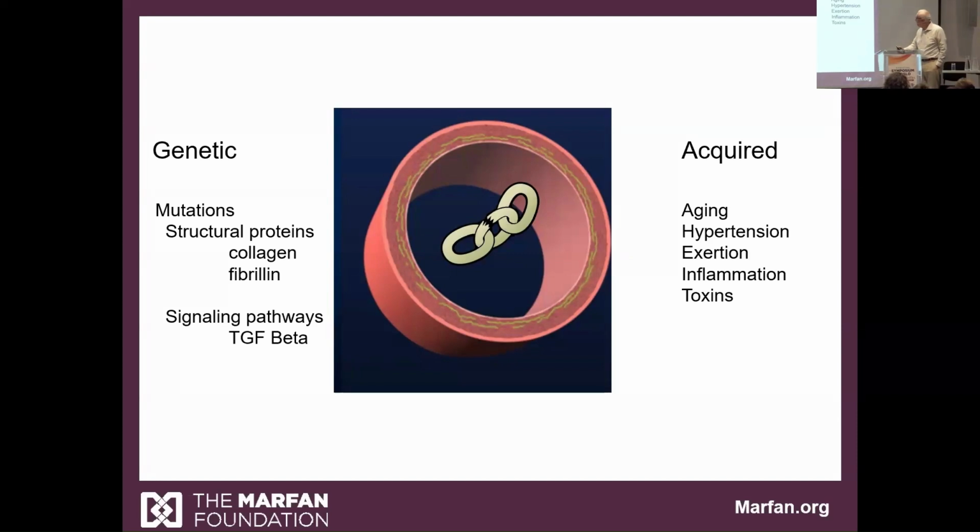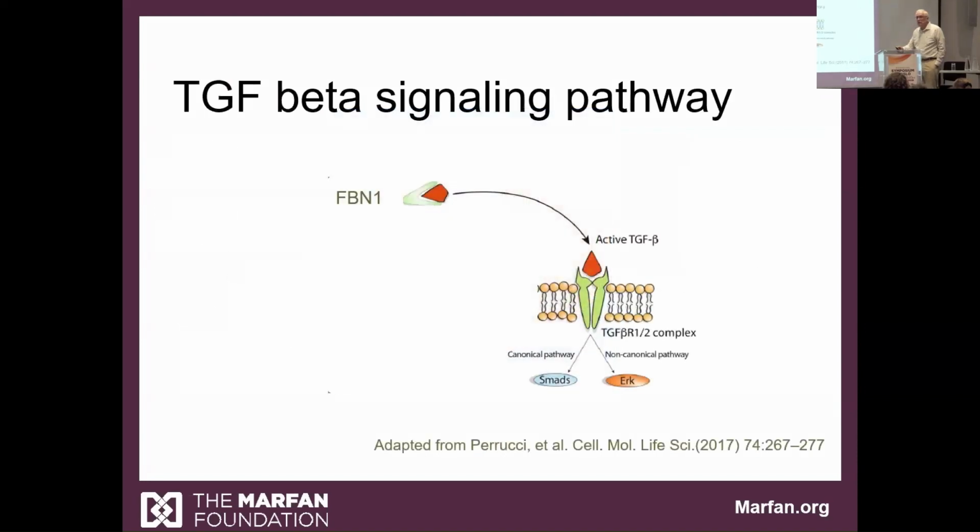A very important family of disorders are the large vessel vasculitis. We will not talk about these today, but this is what we have to think about when we see a patient with an enlarged aorta, because sometimes it's not genetic, sometimes it is an acquired inflammatory condition. And then there are certain toxins and certain drugs that can damage the aorta.